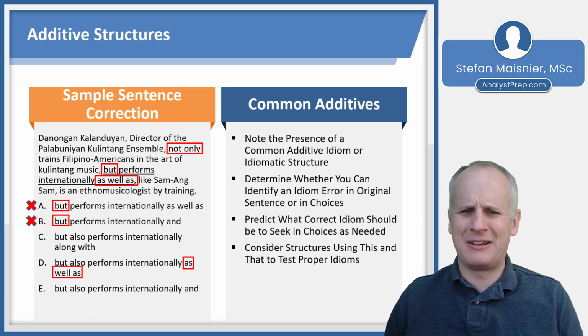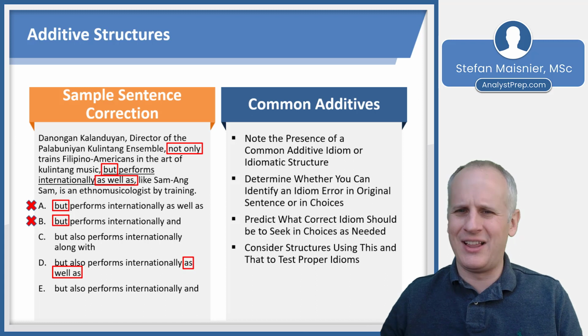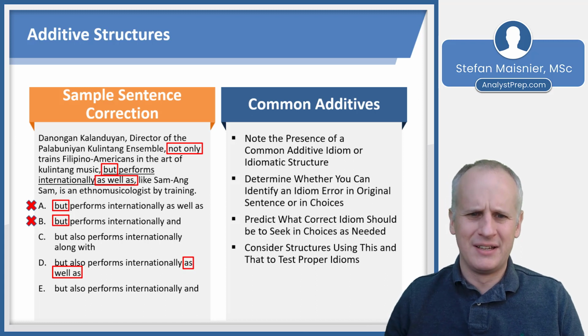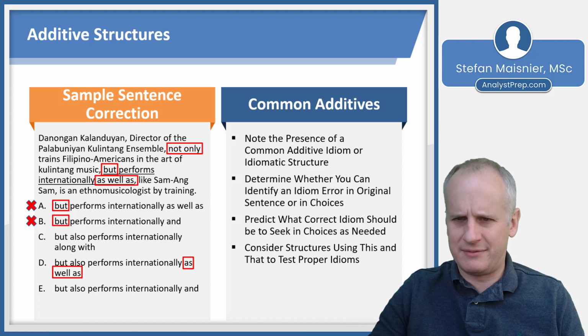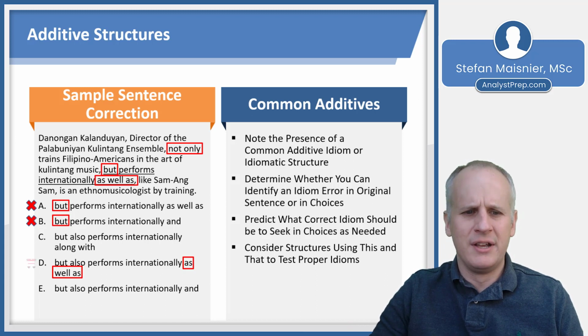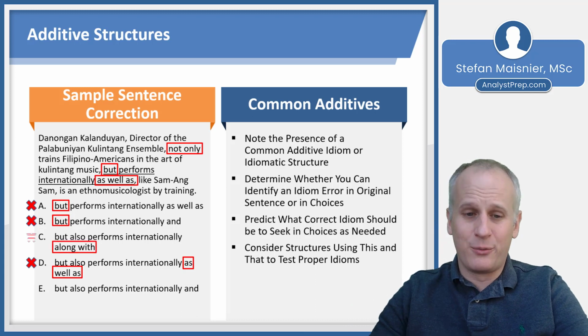And you're like, okay, well, you'd either say "as well as Samang Sam," you wouldn't have the "like" in between the "as well as." So he does this the same as the other person, or is like this person, but I can't do and be "like." It's kind of contradictory. So that eliminates choice D. And we then consider one more version: "but also performs internationally along with like Samang Sam and is."